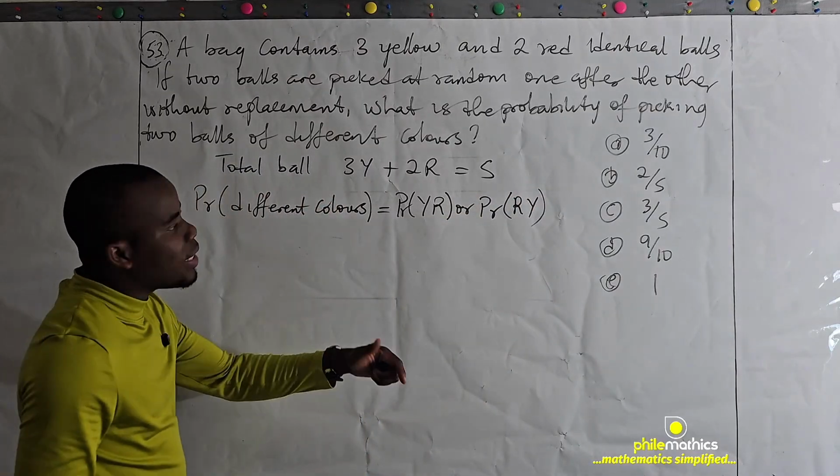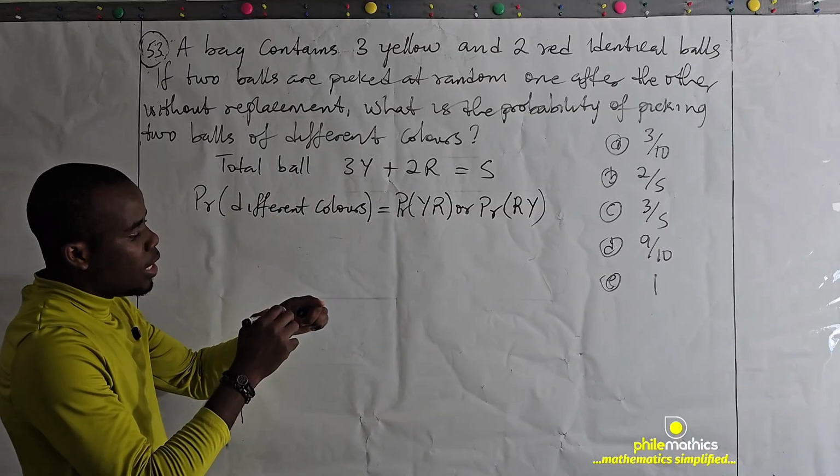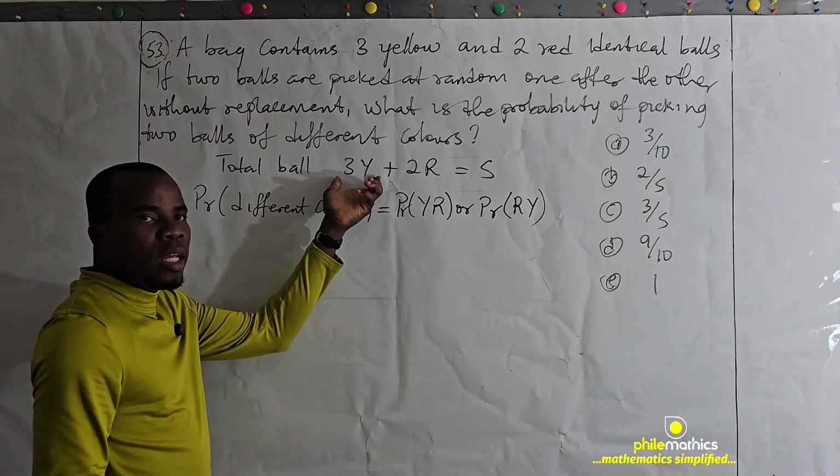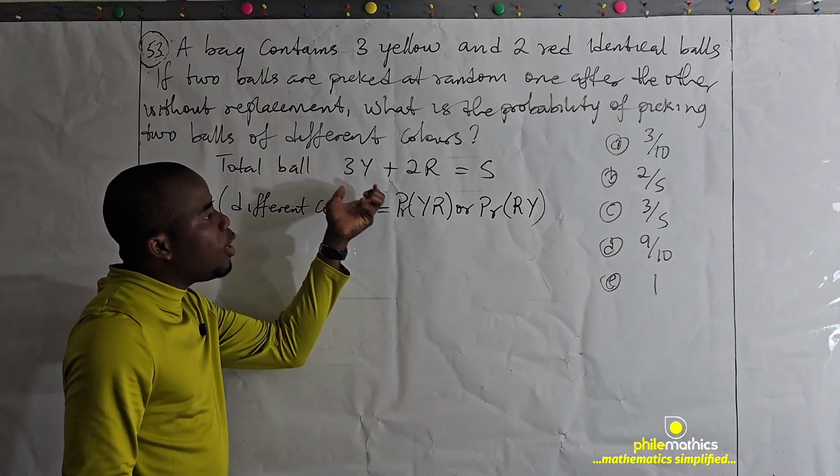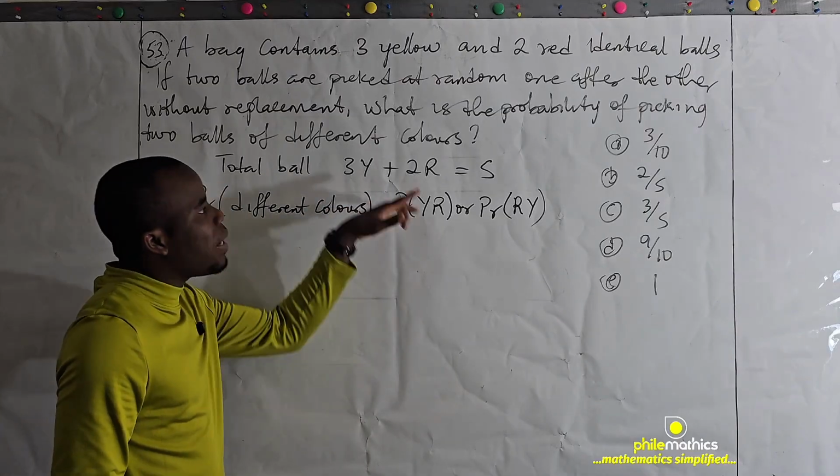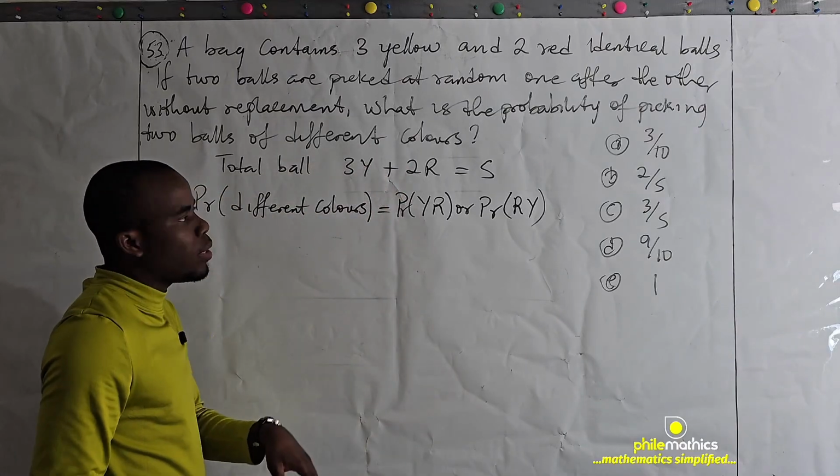Since it is without replacement, it means if I picked a yellow, my yellow has decreased by 1 and my sample space has decreased by 1.